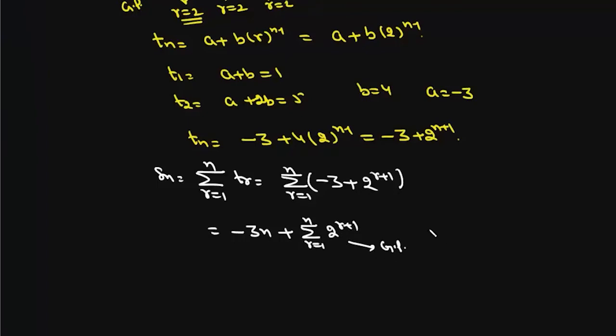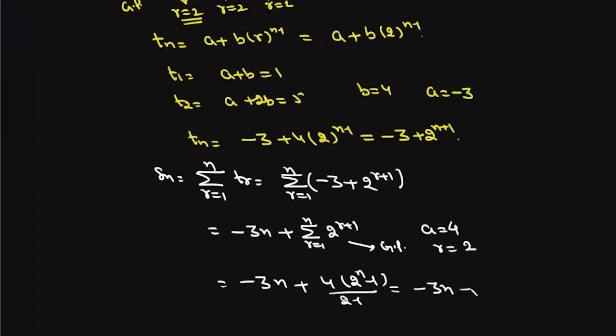For this GP, the first term, when you put r as 1, is 4, the common ratio is 2 and the number of terms is n. So we can write this as minus 3n, and this is 4 into 2 to the power n minus 1 upon 2 minus 1. So it will be minus 3n plus 2 to the power of n plus 2 minus 4. And that's the answer to this first question.